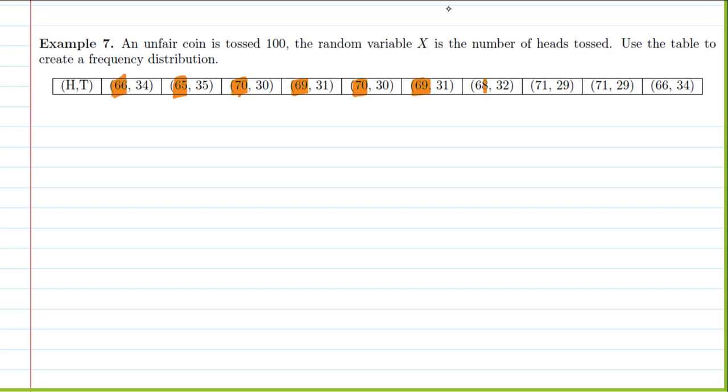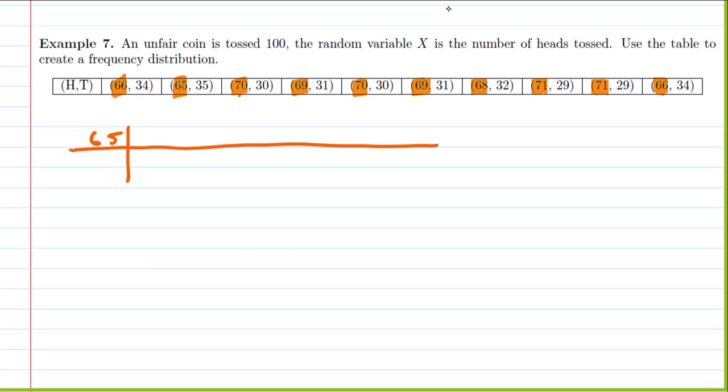So what's our smallest number in our set? 66. A little smaller, so 65. And let's go ahead and make a table then with those values.